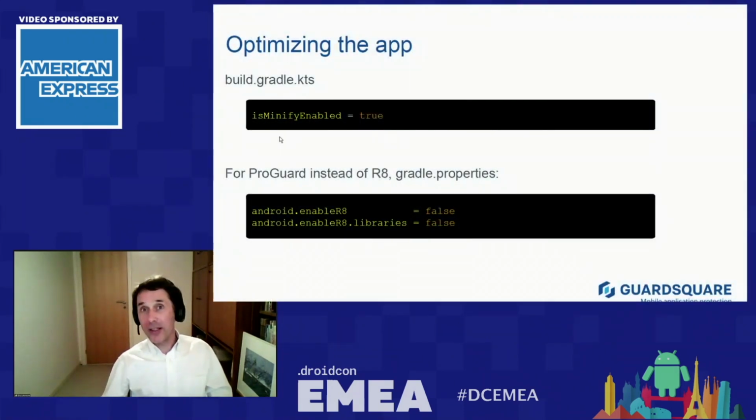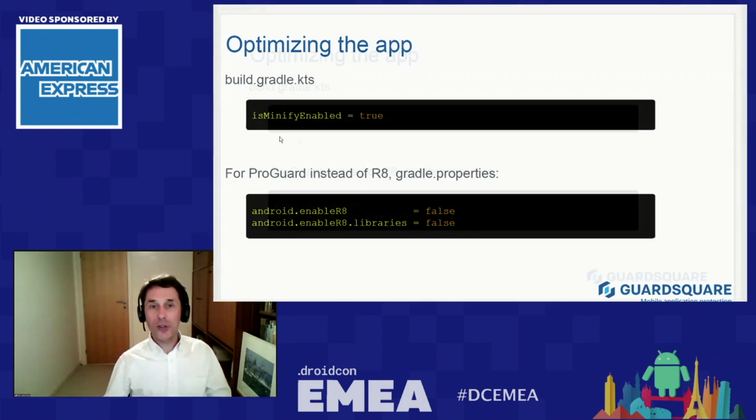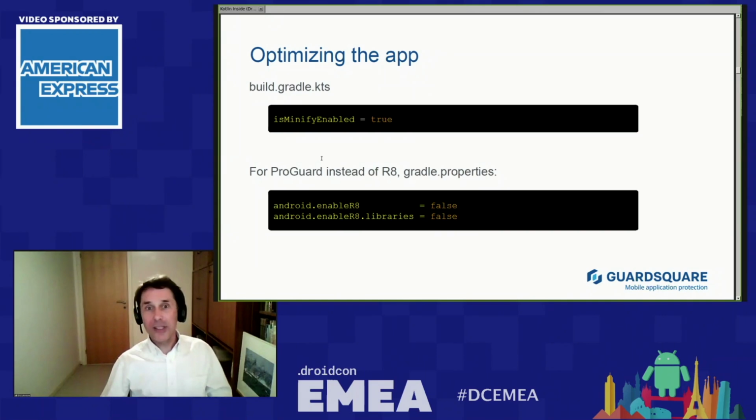We enable the minify enabled flag for debug build types, but more typically for release build types, to start optimizing and obfuscating the application. Now, by default, you'll get the R8 optimizing compiler then, but at this point, you still have the option to run ProGuard also, or alternatively, by specifying either of these properties in your Gradle properties file.